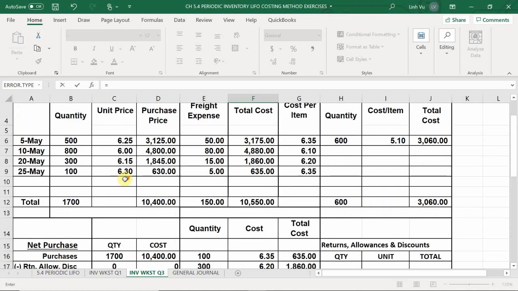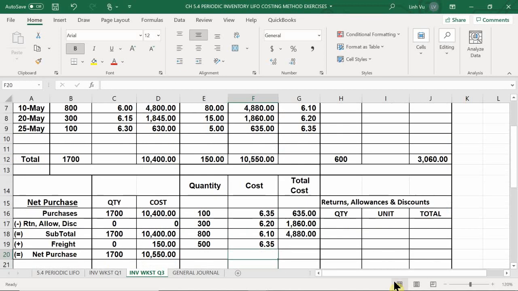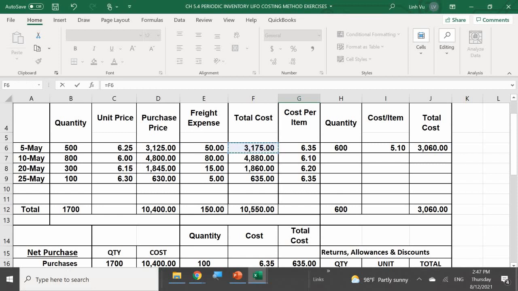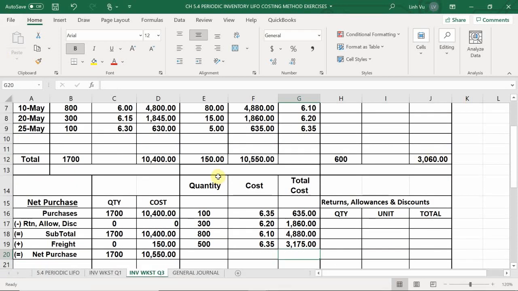And we know that's going to be a total of $635 each, which we know is a grand total of $3,175. So now that we sold everything that we purchased, all we have left is my beginning inventory.